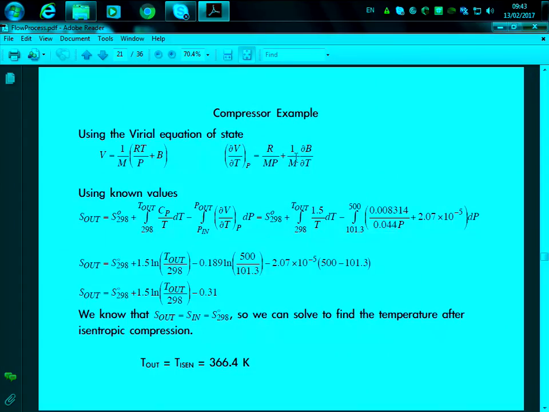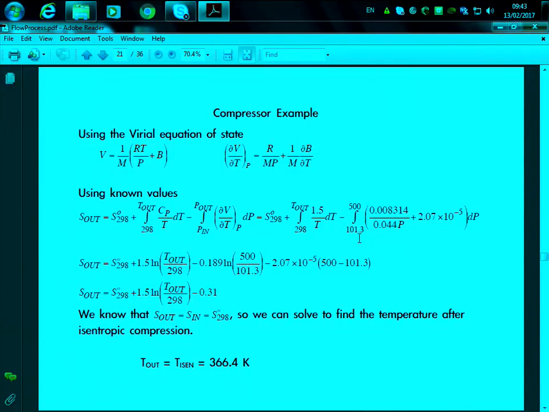So we just substitute the data in this equation, obtaining 1.5 over T dT, and then the integration will be from the temperature inlet, which is 298, to the temperature outlet, and the pressure will be integrated from 101 to 500, which is the pressure that we actually want to achieve in this system.